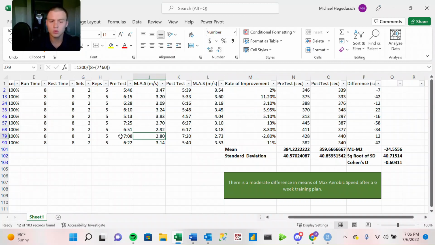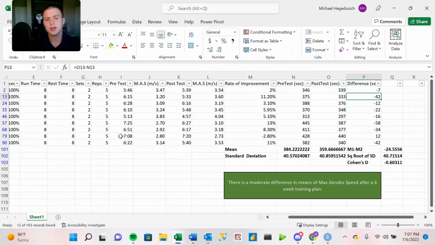But even while disregarding the fact that he got slower because he messed up on the testing, as well as this athlete getting 11% faster, dropping 42 seconds off of their max aerobic speed time, we still have great results with this.